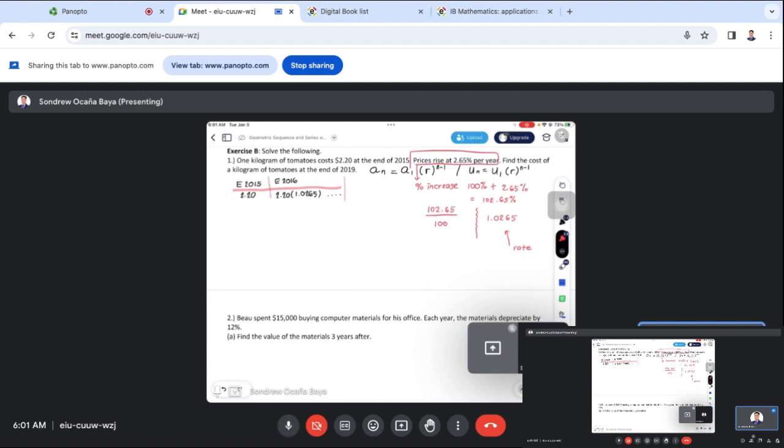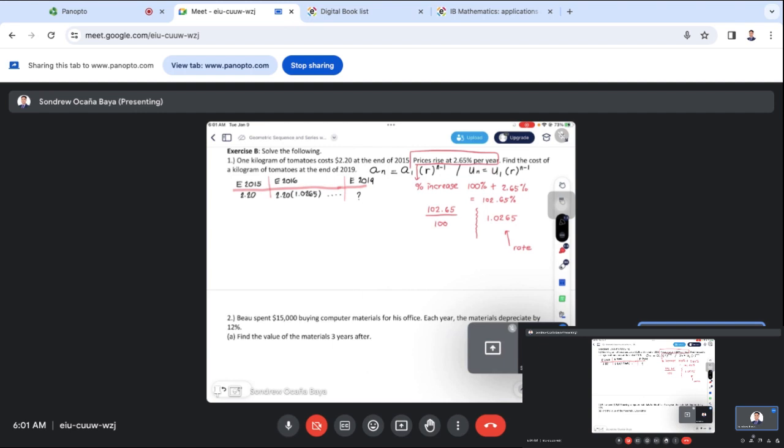Take note that what we are looking for here is end of 2019. So what is the price or the cost at the end of 2019? Since both of them are end, so it's not really that confusing to work on. All right. So let's continue.